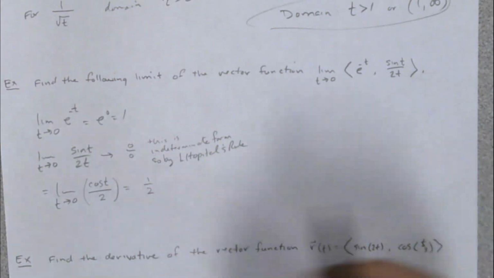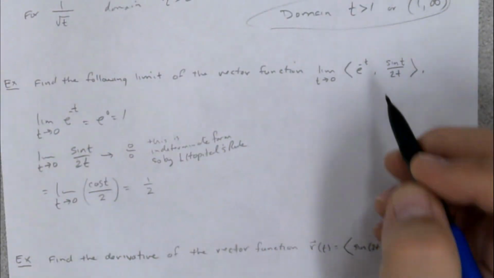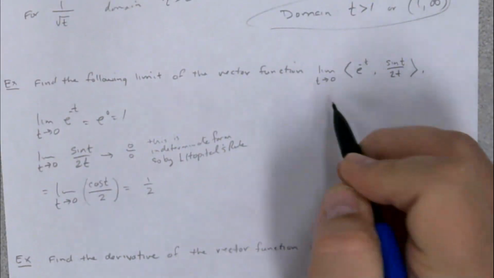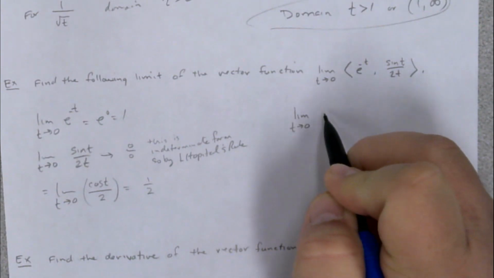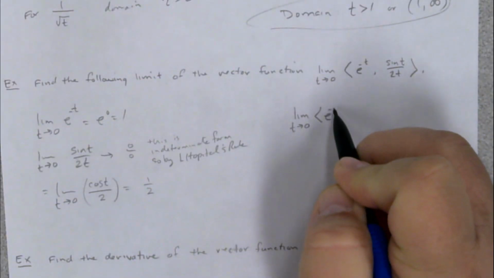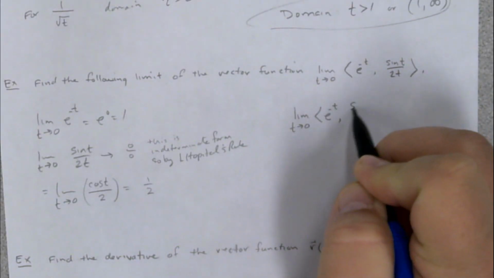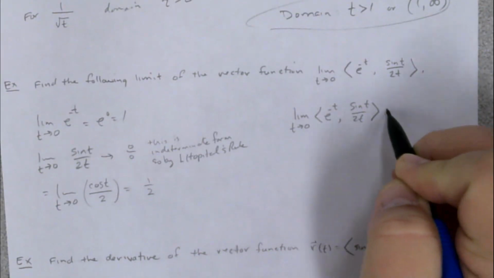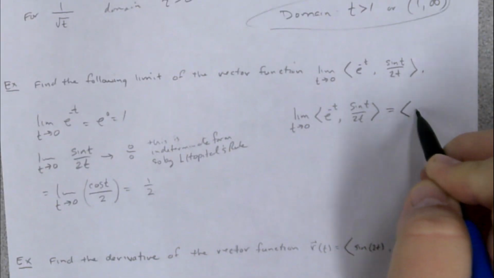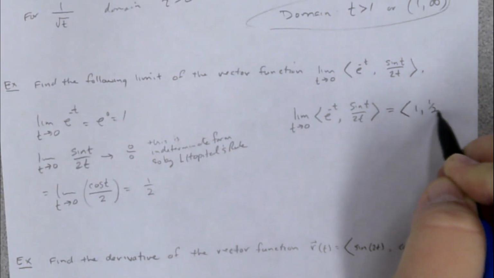Okay? So when I get done with this, I have to write my answer. My answer is that the limit as t approaches 0 of this vector valued function is equal to the vector ⟨1, 1/2⟩.